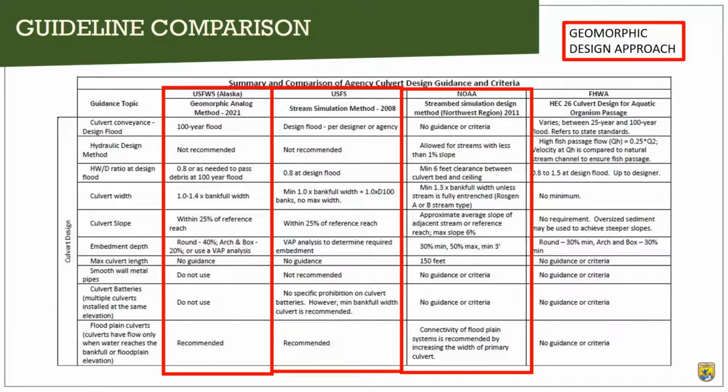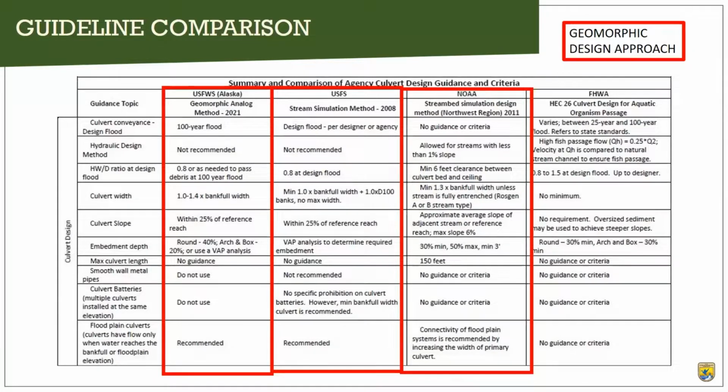I want to note that the U.S. Fish and Wildlife, Forest Service, and NOAA guidelines all use the geomorphic design approach. The Federal Highways guideline, HEC 26, as it's known to a lot of you, has a lot of great info on geomorphology, but they ultimately do not use a geomorphic design approach.